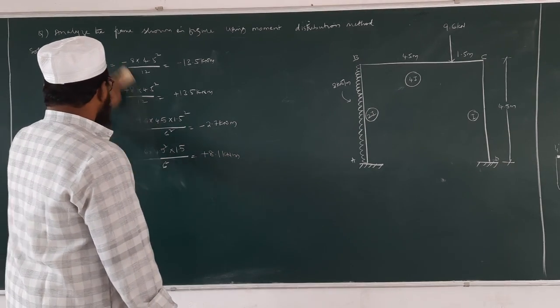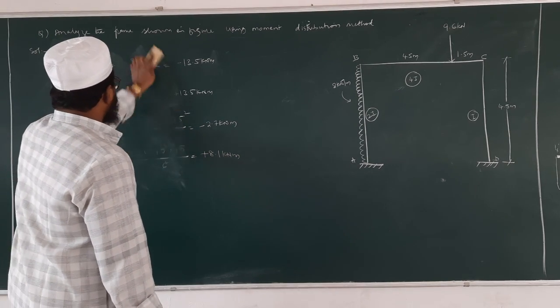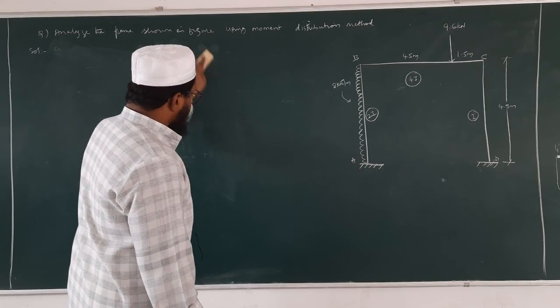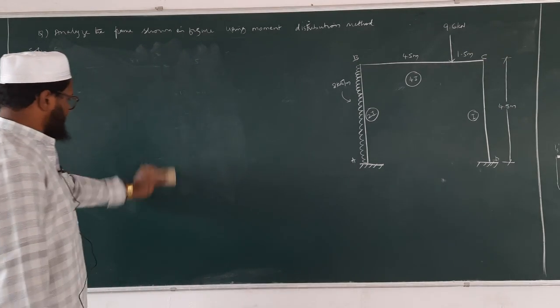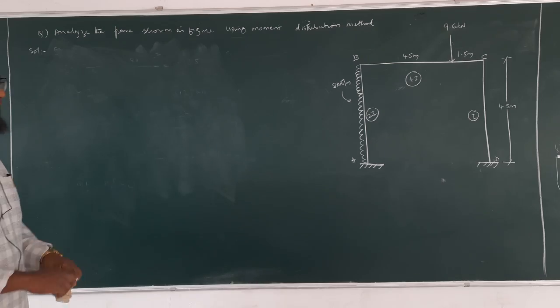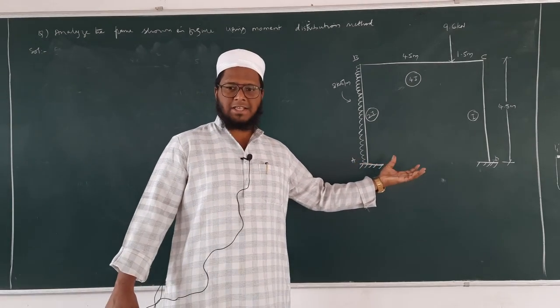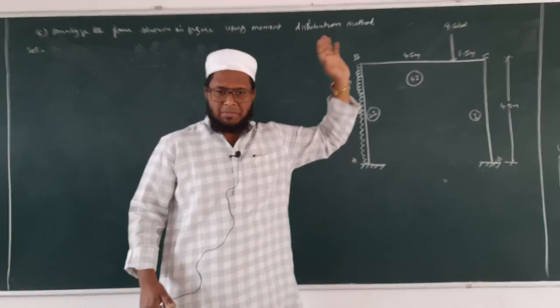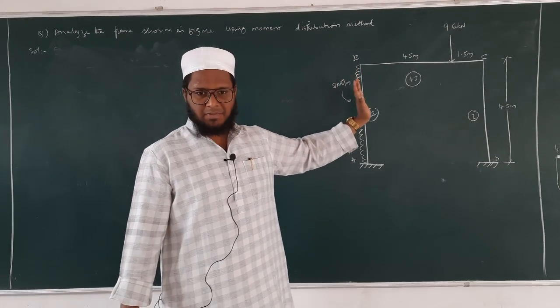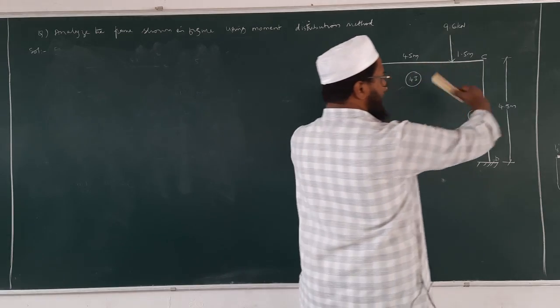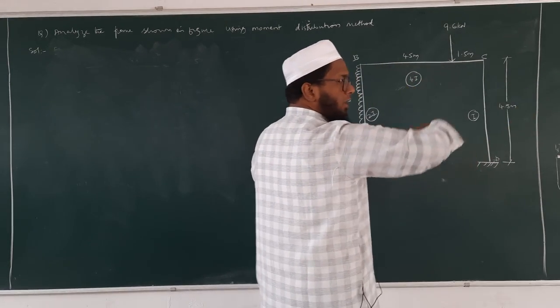We go for distribution factor. Observe this figure carefully, it is like a continuous beam, A B C D, so we'll try to solve this one by opening these two columns like that.